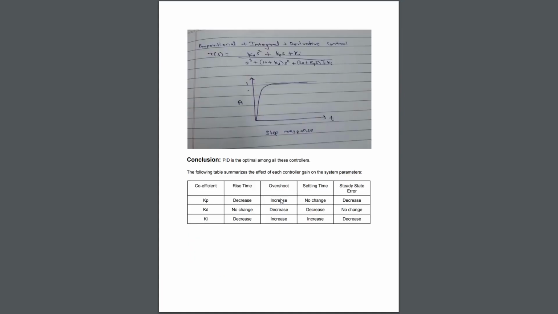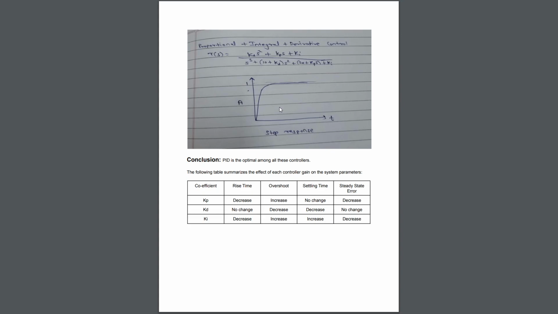And if we finally try to consider a controller making use of all the three components, proportional, integral, and the derivative, then this is the step response that we get, where the value of Kd is assumed to be 50, again using the Ziegler-Nichols method. So this PID control seems to be the most optimized approach among the previous cases that we considered.